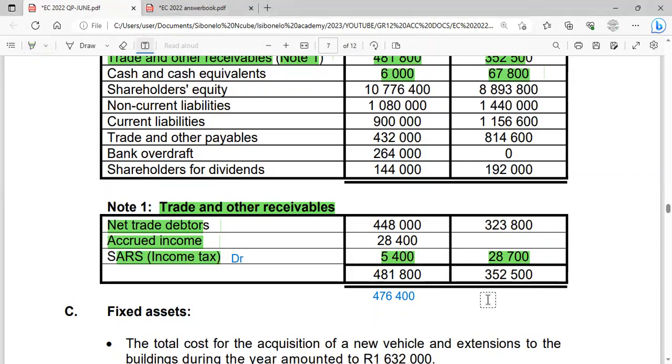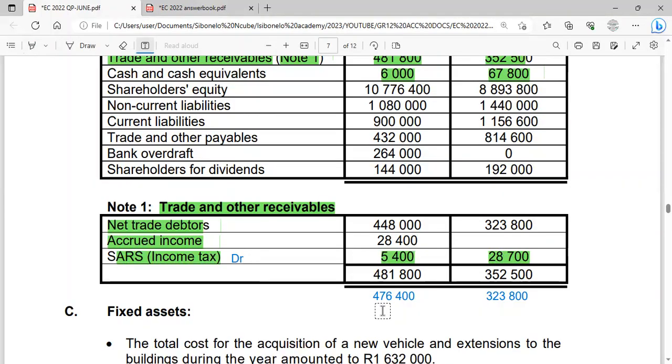So guys, to determine whether we have an increase or decrease in trade receivables, we're going to use the balance that has no tax effect, because we have removed the tax amount. Why have we done so? Because we're going to do the tax paid note separately. So we're going to take this balance into consideration when we prepare the tax paid note. For now, we just ignore these two balances.